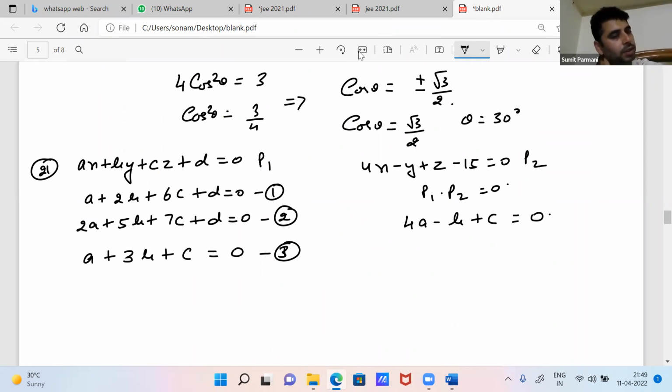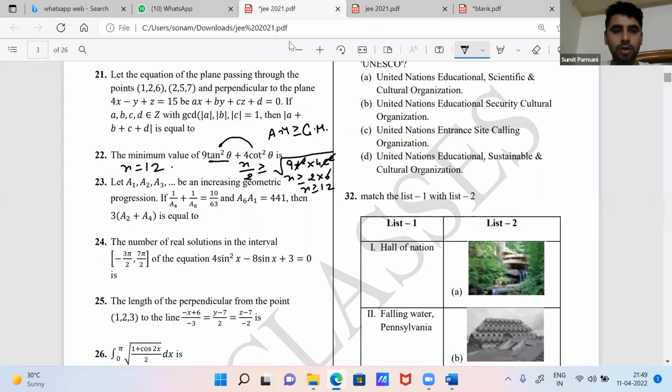R minus A dot N. We'll come back to 21 again. Hold on.